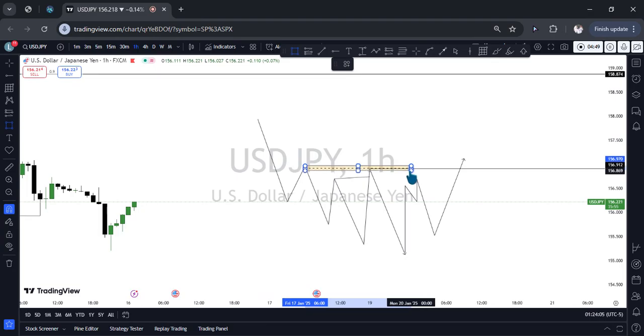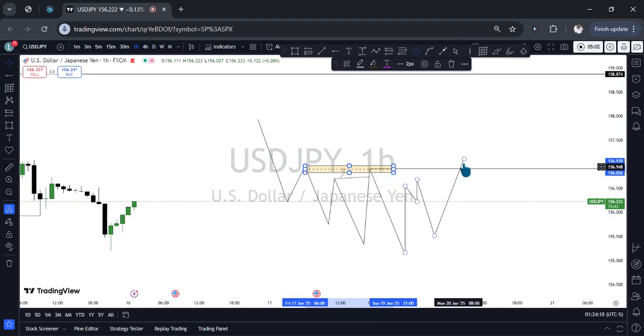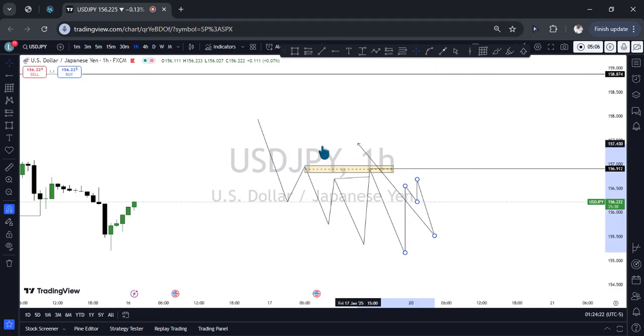So price might come and use this place as a raid, a place where it will take all the liquidities and go and tap into maybe a zone around this area that has not been mitigated at all.